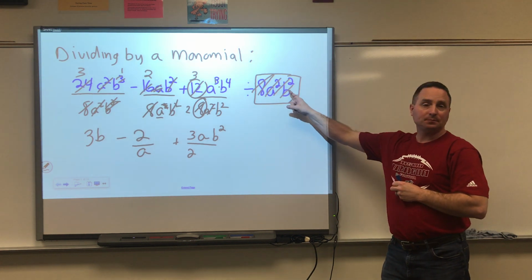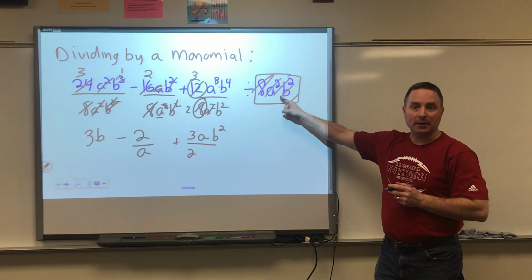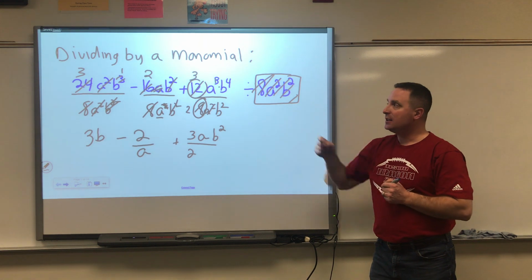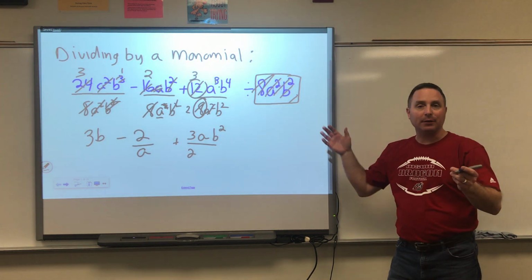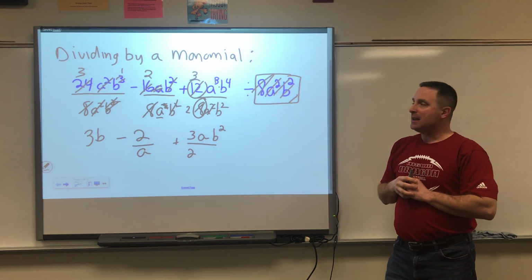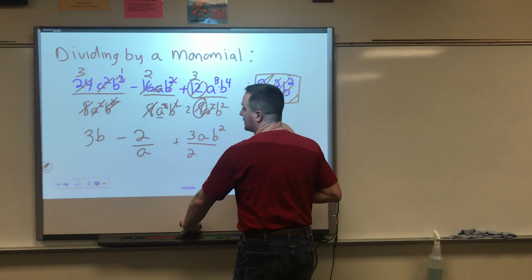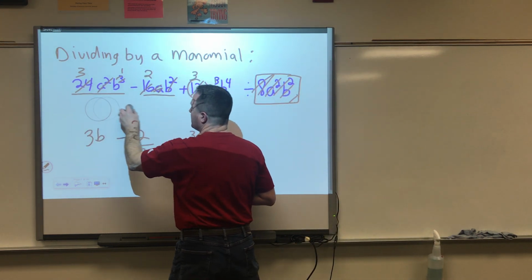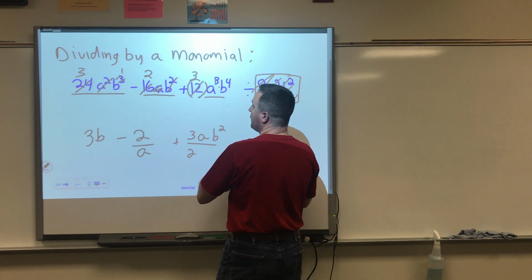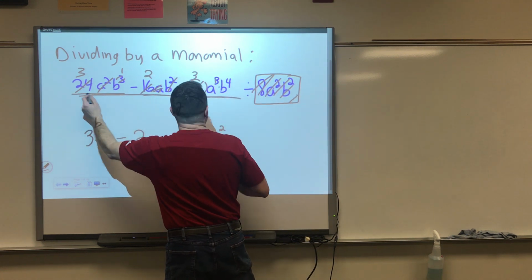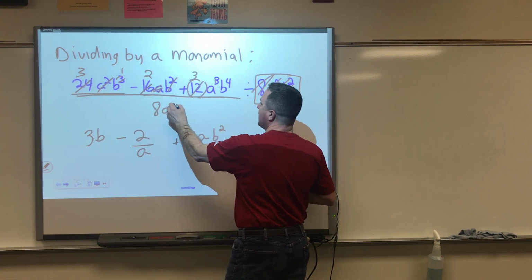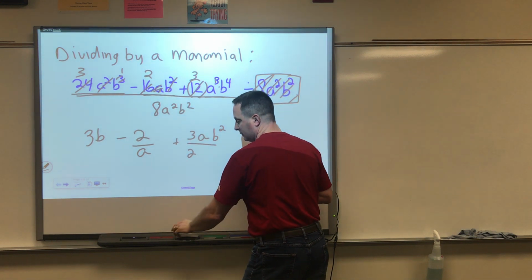Okay? But again, when you divide by a monomial, when there's just one term over here, the easiest way is to divide it into separate fractions. And if I wanted to, just out of curiosity's sake, I'm going to show you this because it might save you a little bit of writing. Rather than writing 3 separate ones, we can divide the whole entire thing by 8a squared b squared.